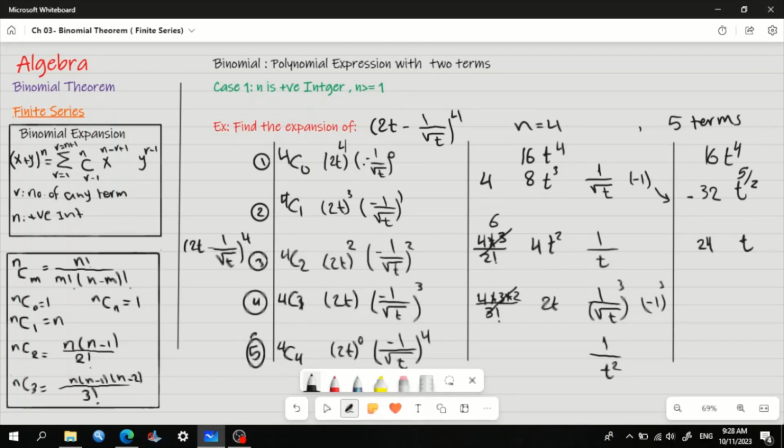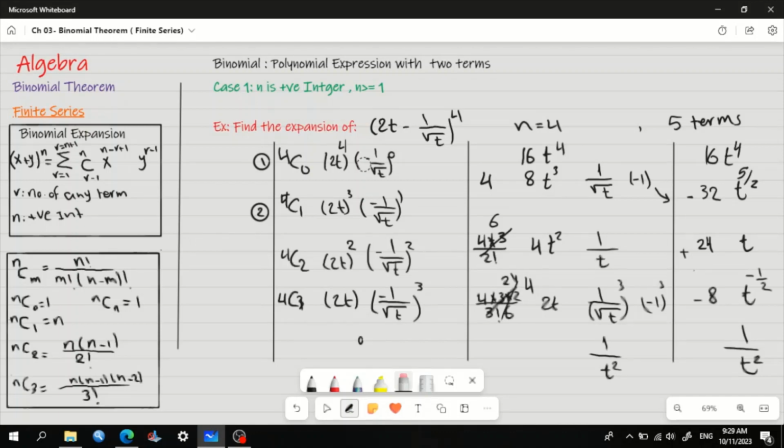Here we have 4 and 2, so we have here negative 8 and 2t. Here t to the power 1 and t here to the power negative 3 by 2, so we have here t to the power negative half. Okay, and last term is 1 by t squared.